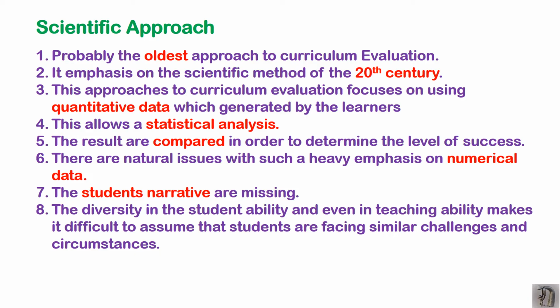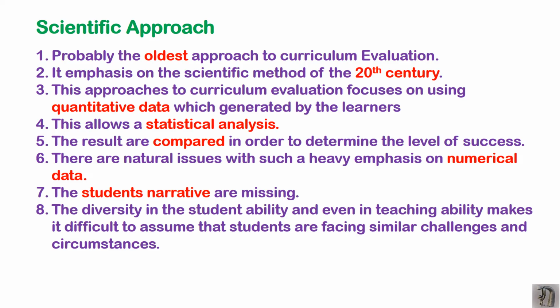That means the students' ability is missing in the form of visibility or visualization, rather just a number, because a number cannot say everything. So this is about the scientific approach.